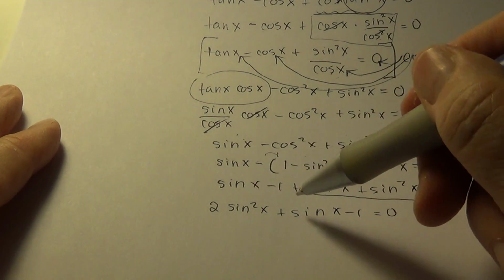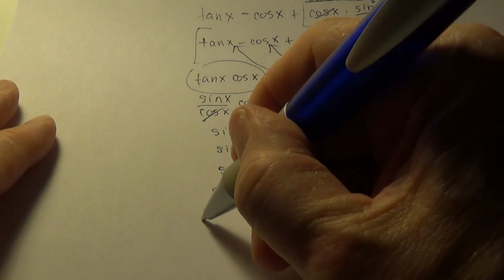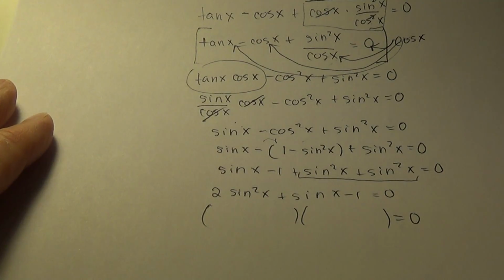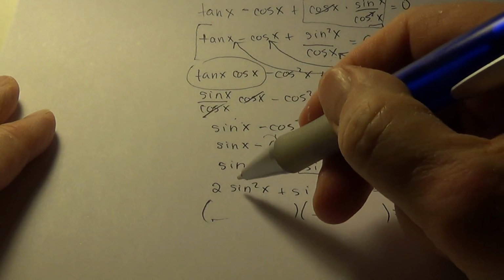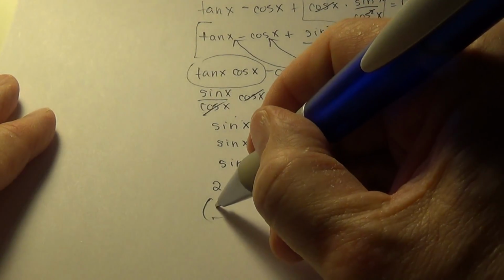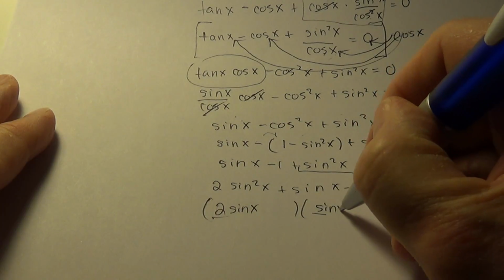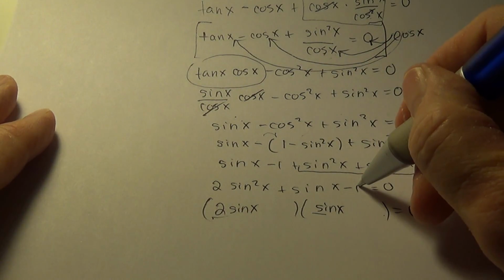And we have a situation that should be factorable, and that's what you should be looking to do. So go ahead and try to factor that. The first term times the first term has to give me this term. So it must be a 2 sine x in one spot and a sine x in the other. The last times the last has to give me that.